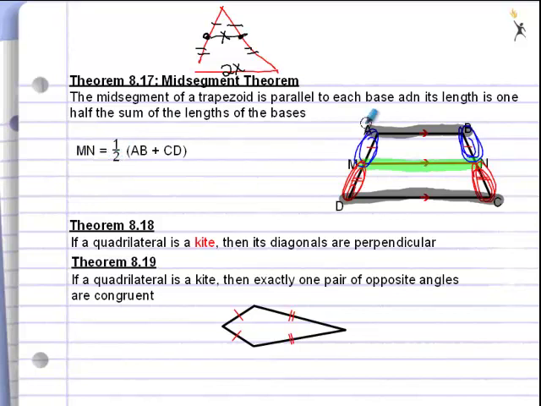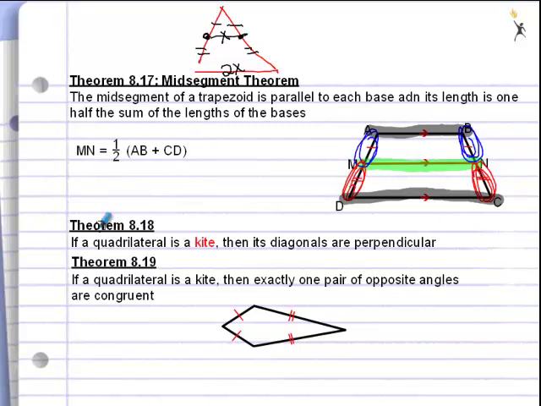It's basically like finding the average. It really is. Similarly, it's the exact same idea as the triangle mid-segment theorem. Not overly complicated, but something that you still need to understand.